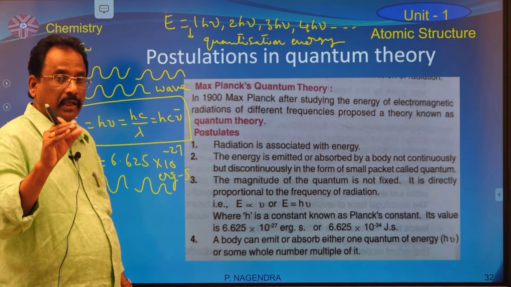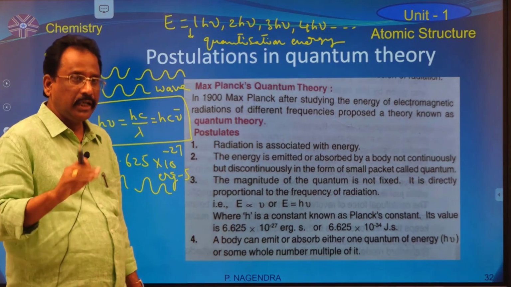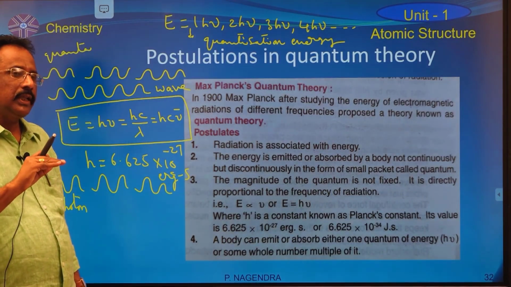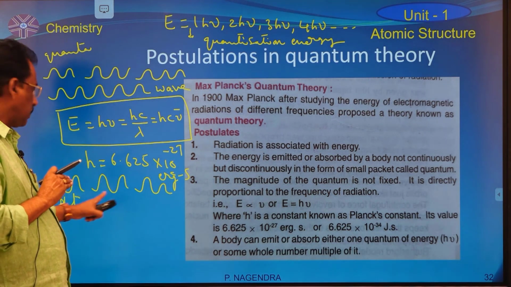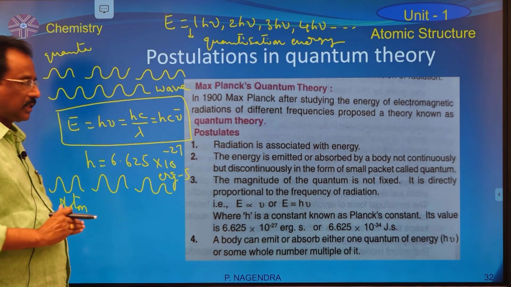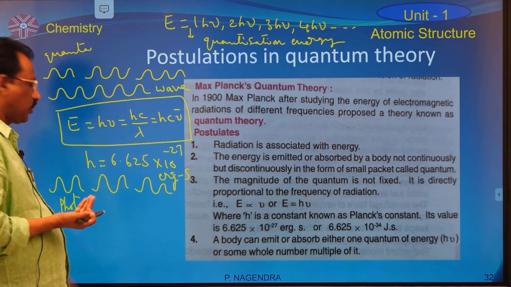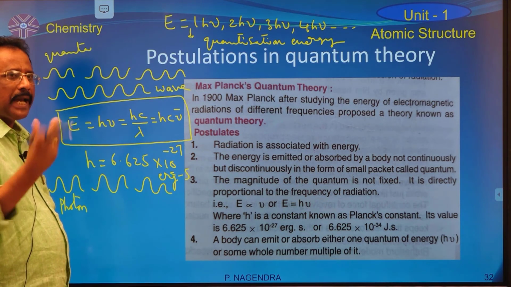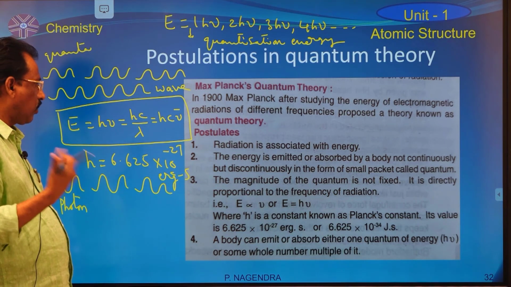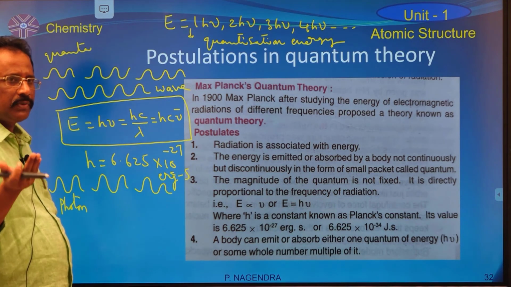That is not correct according to Einstein. According to him, both the emission and the propagation of the radiation are in the form of bundles. Each bundle is known as a photon, nothing but a quantum, an energy packet. The energy of the quantum is nothing but the energy of the photon.